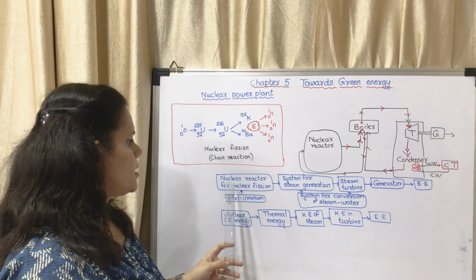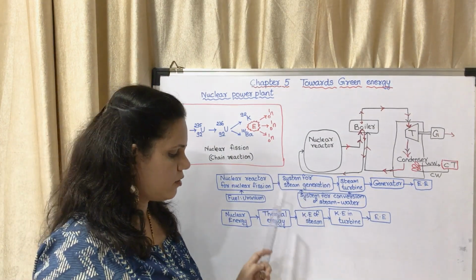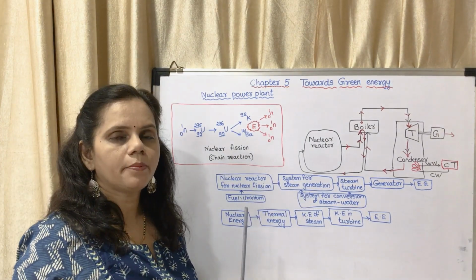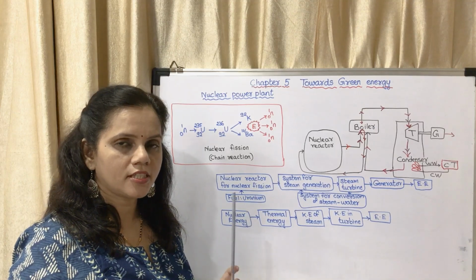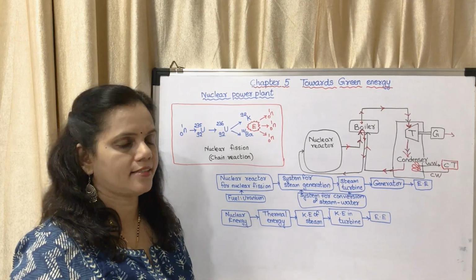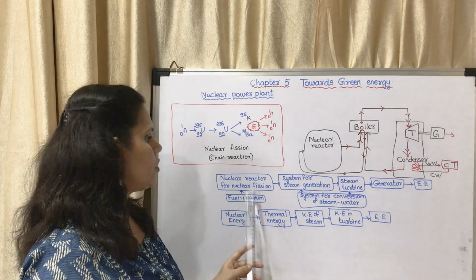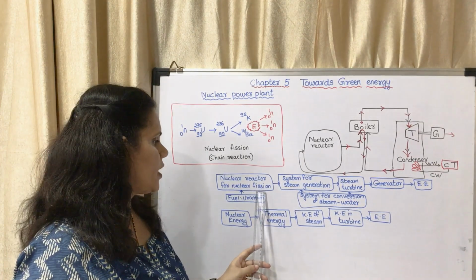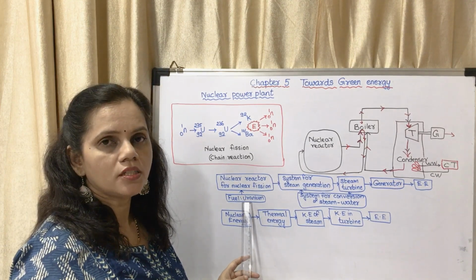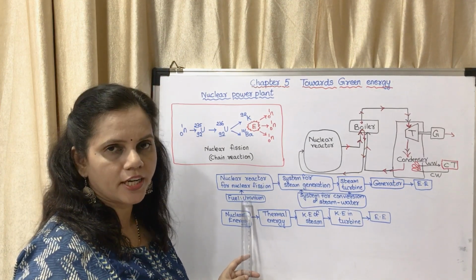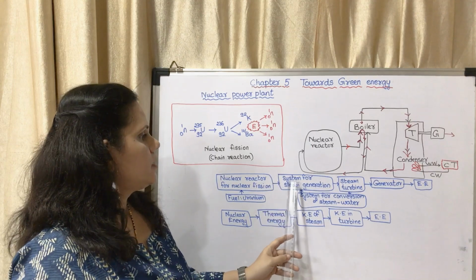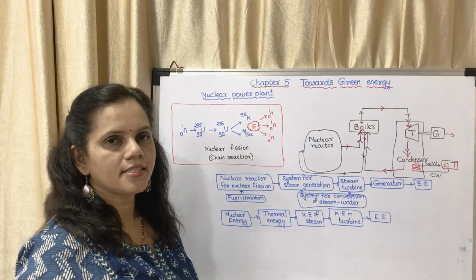Okay. Now what is the flow chart for generation of electricity in a nuclear power plant? The nuclear reactor for nuclear fission, okay, the fuel is uranium or plutonium given in the textbook. There is a system for steam generation.